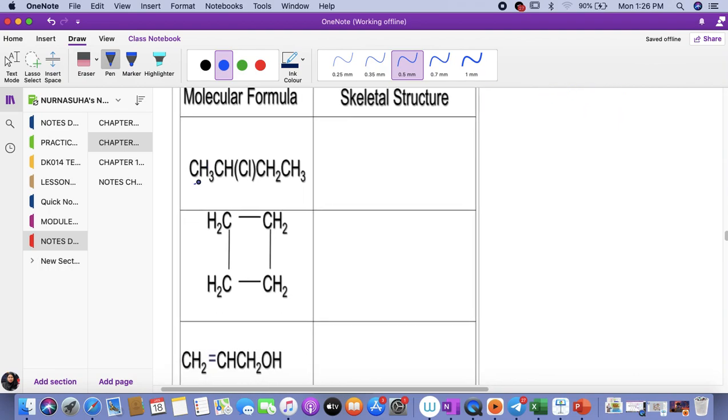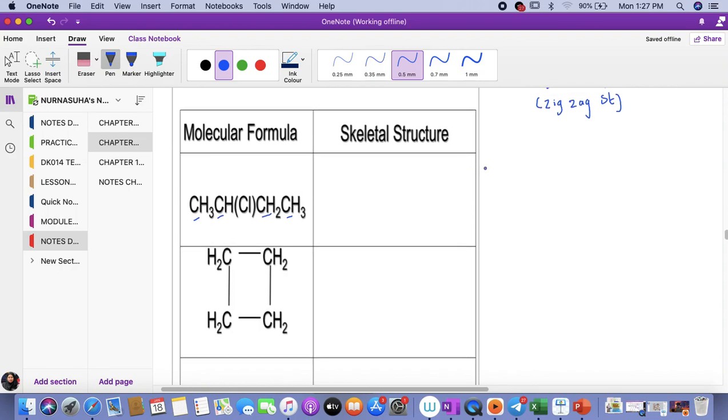Okay, for example, let's have a look at the first compound. Calculate the number of carbon first. 1, 2, 3, 4. So 4 carbon. Now connect the dot. Okay, next. For first carbon, it has 3 hydrogen attached to it.